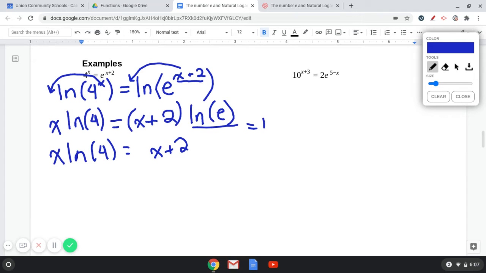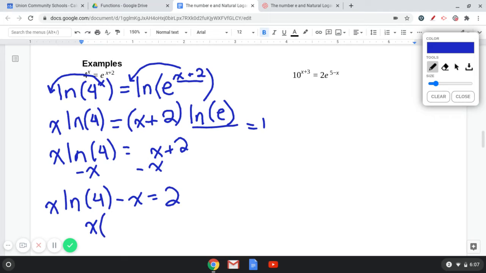We're solving for x. I'm going to subtract x from both sides. So we're going to have x times the natural log of 4 minus x equals 2. Now, I said we're going to review some algebra skills. On the left-hand side, we're going to factor out an x.